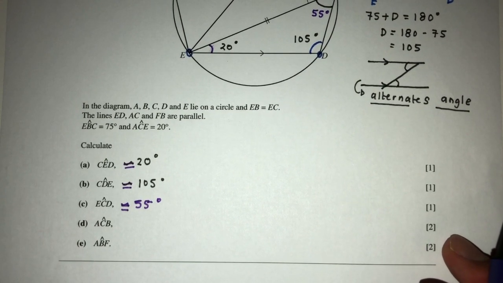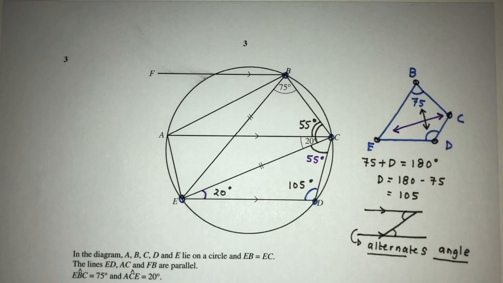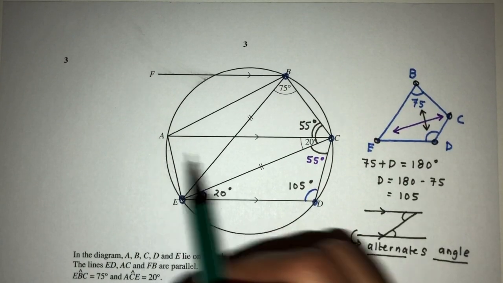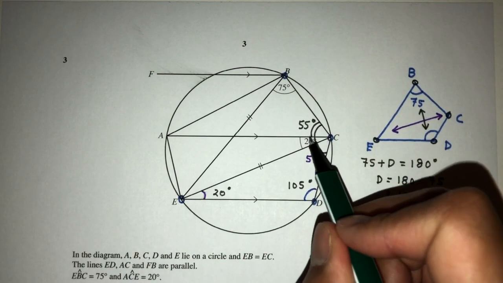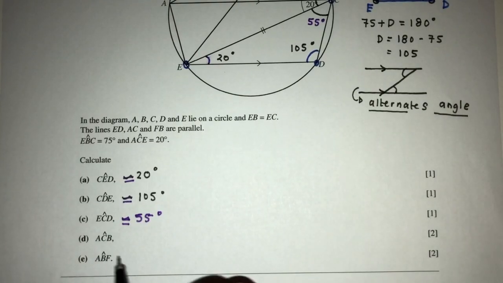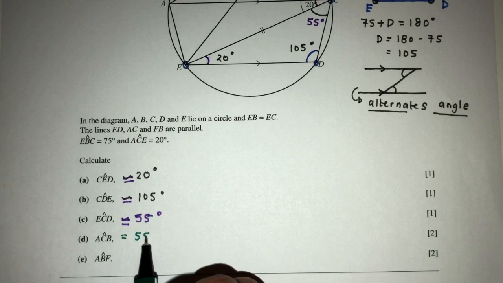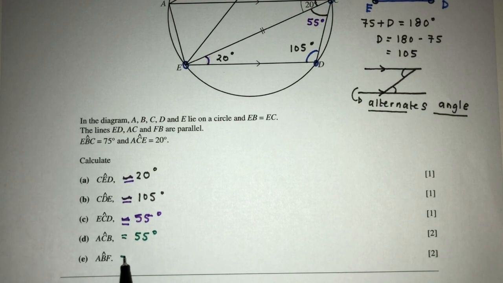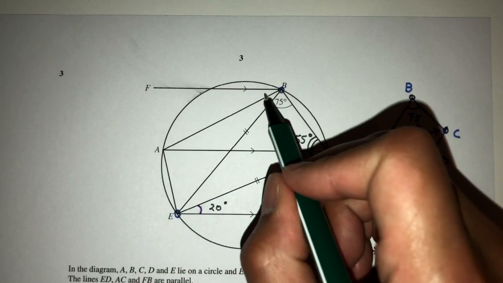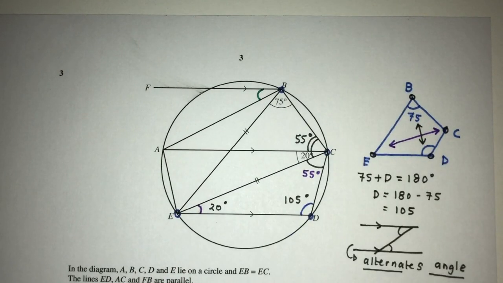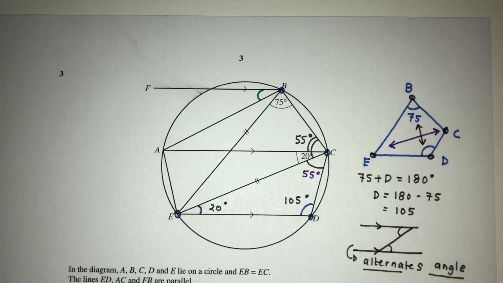And for part D, we have ACB. Where's ACB? A, C, B. So, as you can see, we have found this already. It was 55. And last one, we have to find the angle ABF. ABF will be this one. So how would you find this angle? Very interesting.